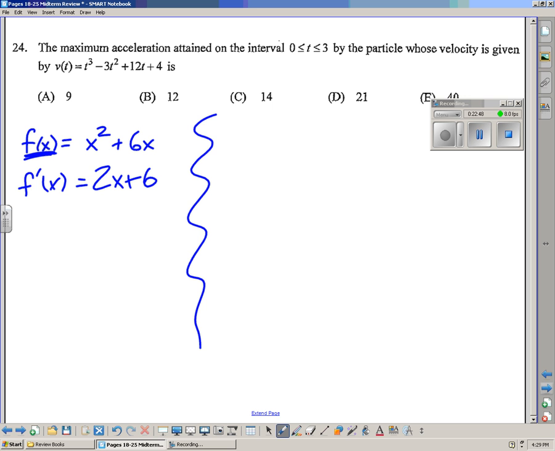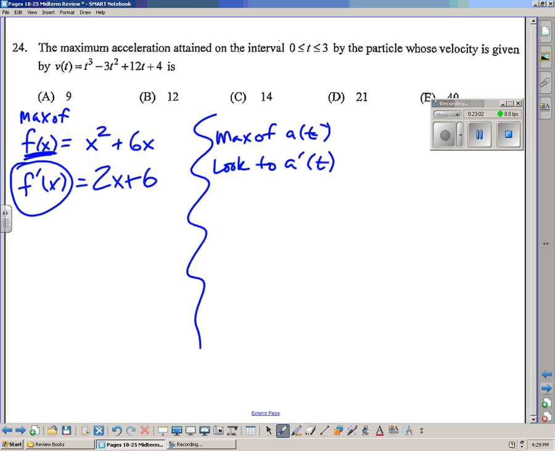So if I want to find the max of f of x, I look to its derivative. So if I want to find the max of acceleration, I want to look to the derivative of acceleration.